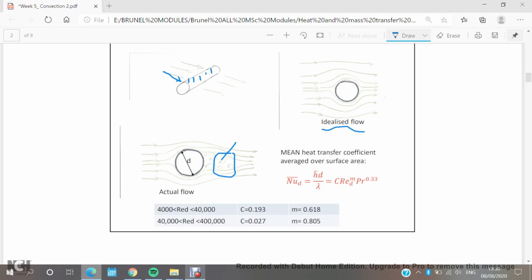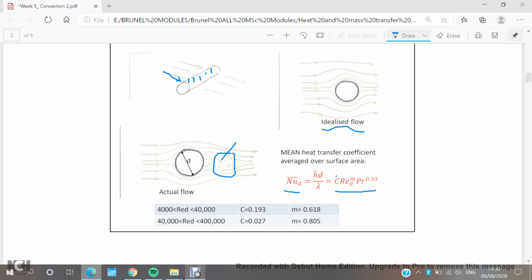The average heat transfer coefficient can be calculated by knowing the average Nusselt number with respect to the tube diameter. The Nusselt number is given by this equation, which consists of the Reynolds number and the Prandtl number, but there are two other parameters whose values I need to know, which are C and m.